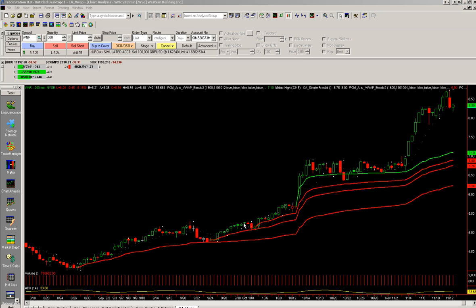So maybe when it came up and tested this previous high over here, we lightened up a little bit as it was showing some weakness and came into this level of support. In a trending scenario, these lines shouldn't be getting broken, and you can see here, yeah, it broke it here. Maybe we exited or lightened up on some of the position in here. Maybe you even did a little bit in here as it was testing these highs.